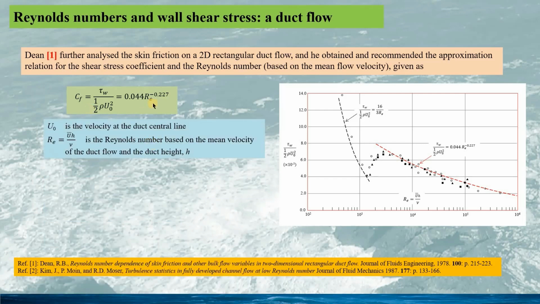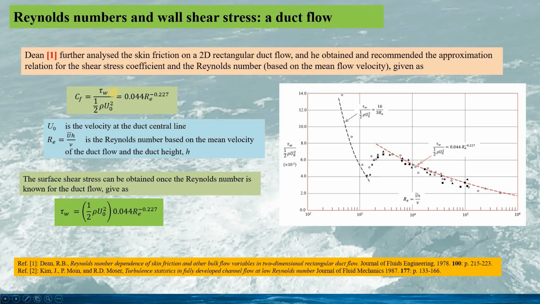Here, U0 is the velocity at the duct center line, and the Reynolds number is defined based on the mean velocity of the duct flow, U bar, and the duct height, H. So based on the friction coefficient, we can easily calculate the surface shear stress given by this.